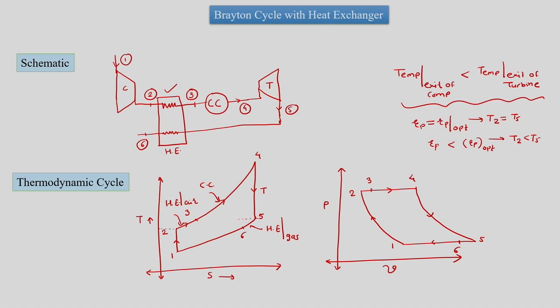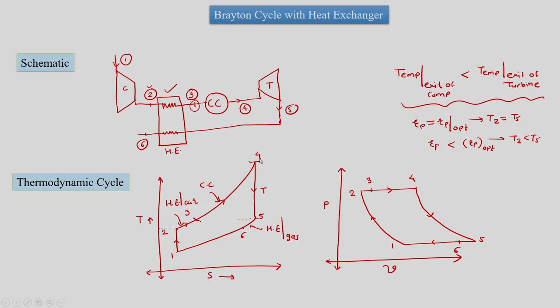The idea of putting in a heat exchanger is that instead of passing the air from station 2 into the combustion chamber and heating it to 4, we pass it in at station 3 to heat it till 4. So practically the mean temperature of heat addition increases. Instead of heating the air from 2 to 4, it is heated from 3 to 4.